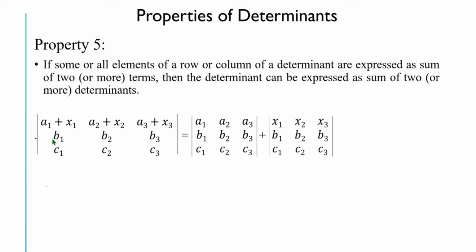The second row is b1, b2, b3. Third row is c1, c2, c3. We can express this determinant as the sum of the determinant a1, a2, a3, b1, b2, b3, c1, c2, c3 plus x1, x2, x3, b1, b2, b3, c1, c2, c3. This is the fifth property.